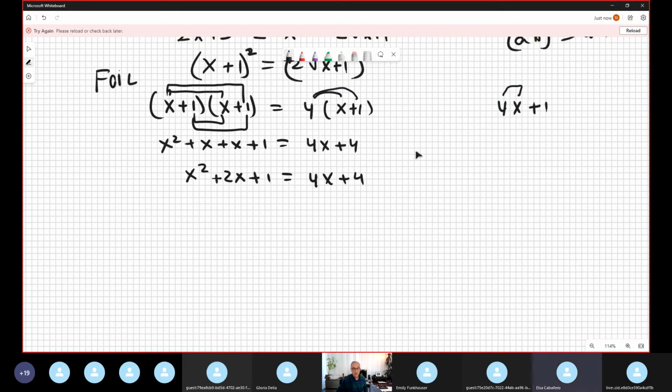You need to move the terms. So basically, you express it in standard form, right? The step by step we are doing on the piece of paper. You say, well, you express in standard, professor. Standard is x squared plus 2x plus 1 minus 4x minus 4 equal to 0.